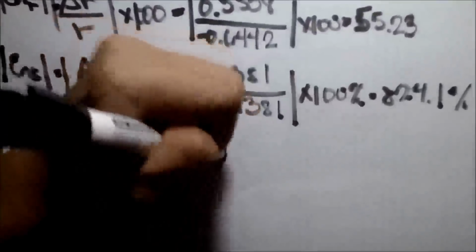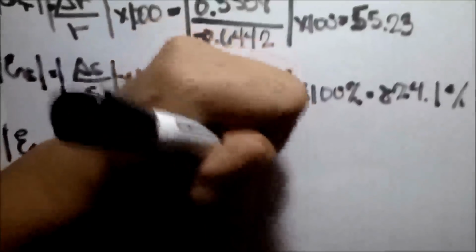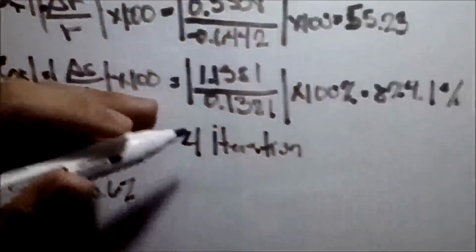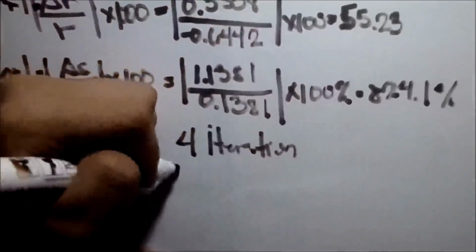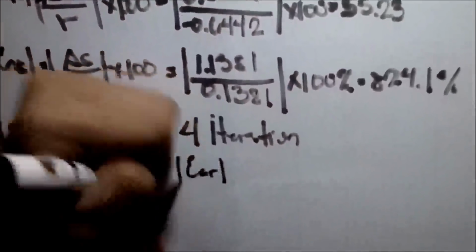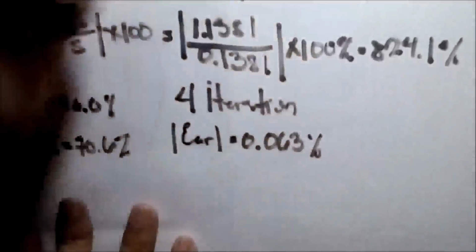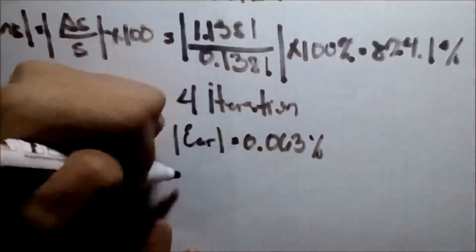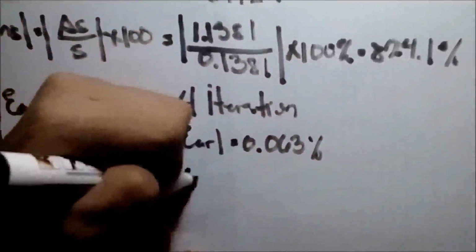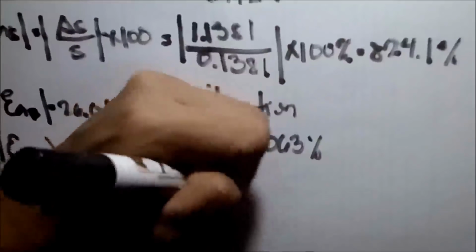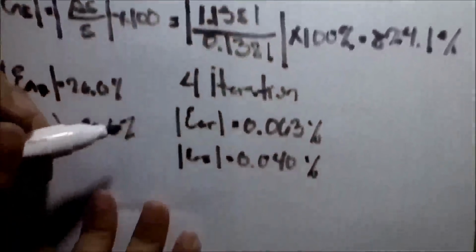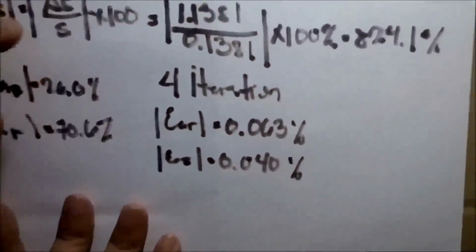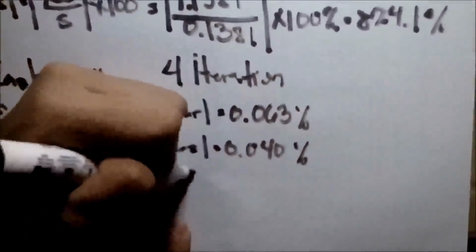After 4 iterations, we get this answer, equals 0.04%, which means that we get nearer to the true value.